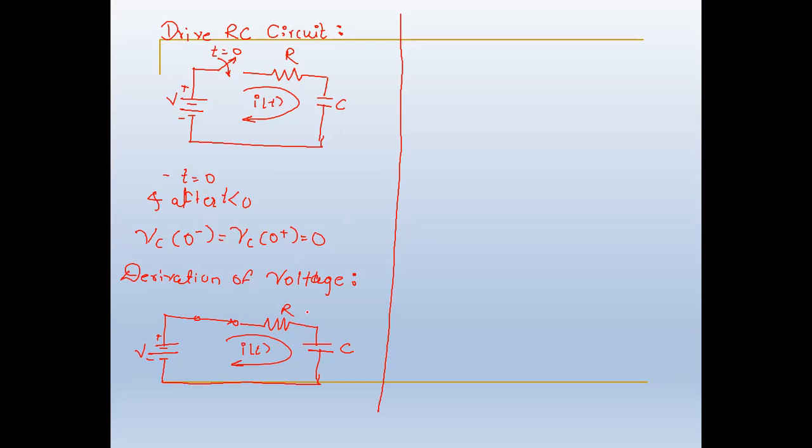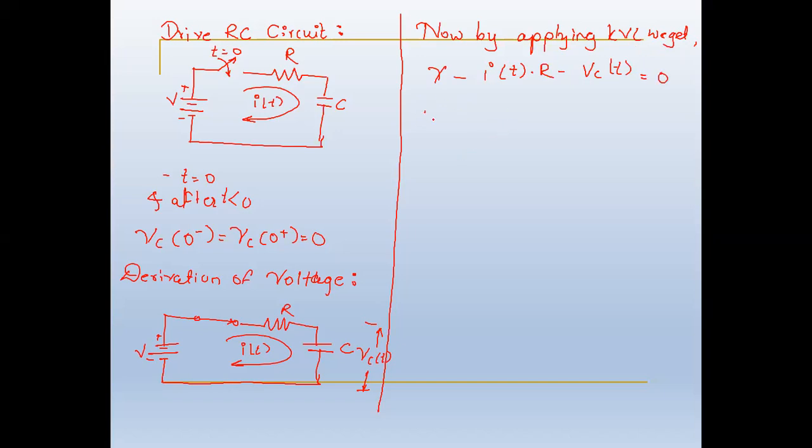Now we have to perform the derivation for the voltage. To start, we need to identify the voltage across the capacitor. Let us call this voltage across the capacitor Vc of t. By applying KVL, we get V minus I of t into R minus Vc of t is equal to 0.